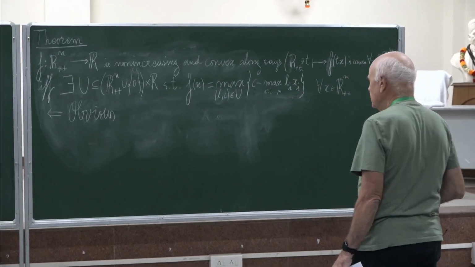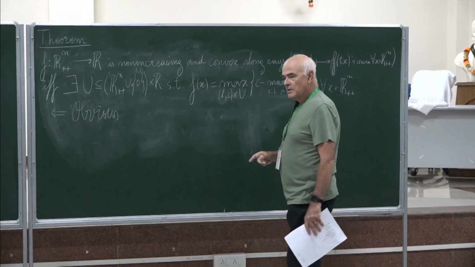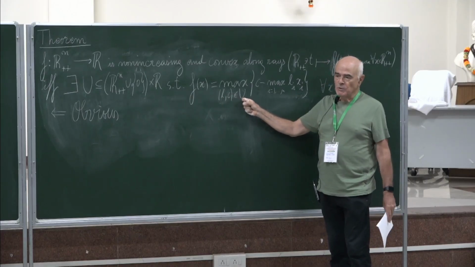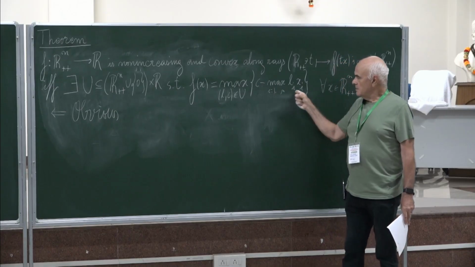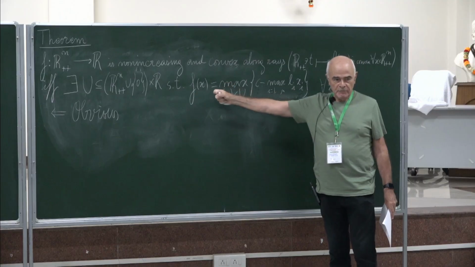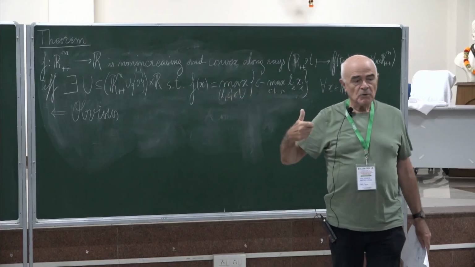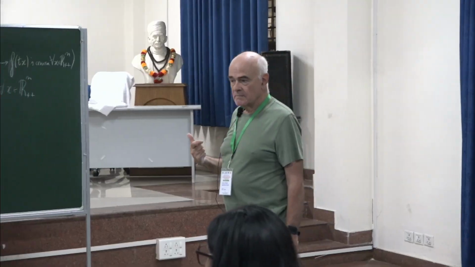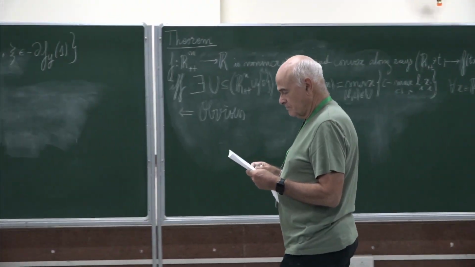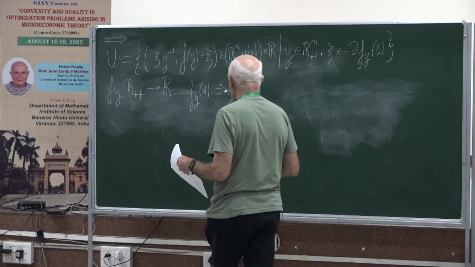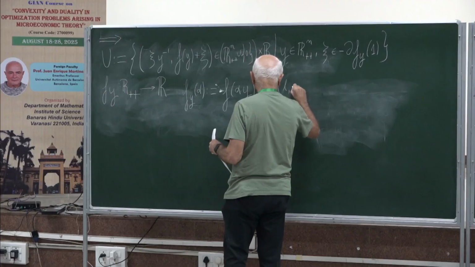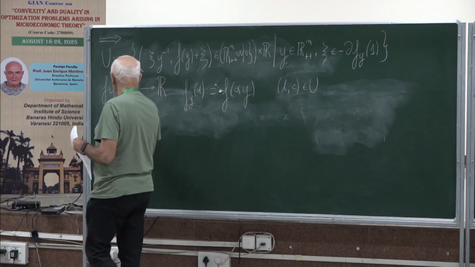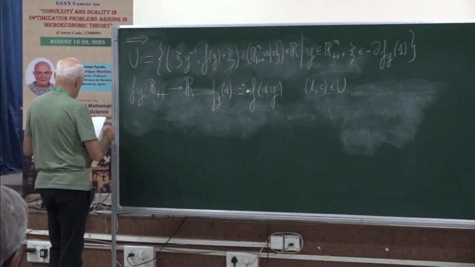So first of all, I'm going to prove that for every LC in this beautiful U, this function is a minorant of f. And later on we will see that the maximum is attained and coincides with f of x. Then, so let's fix LC in U. So we know that L, okay.